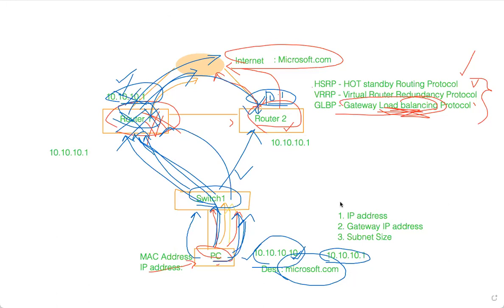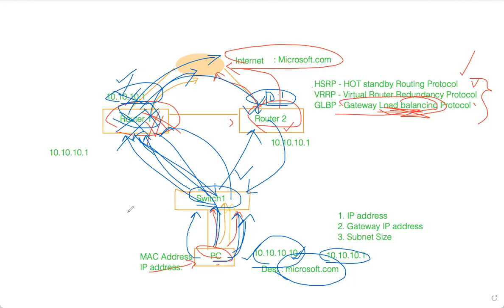The benefit here is that we have two devices with the same IP configured as the gateway, right? Then the switch gets a response saying I am 10.10.10.1, and I am also 10.10.10.1. For the broadcast, it got two replies.